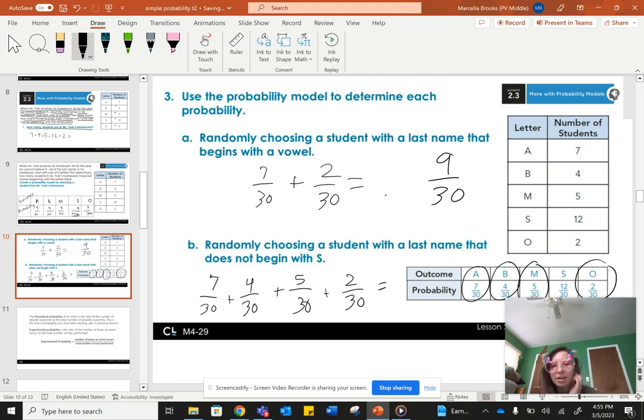And see what you get for that. All right, and then when you're done with that, if you would like another ABC card, you can draw a smiley face on the upper right hand corner of this page. All right, that's the end of video 2.